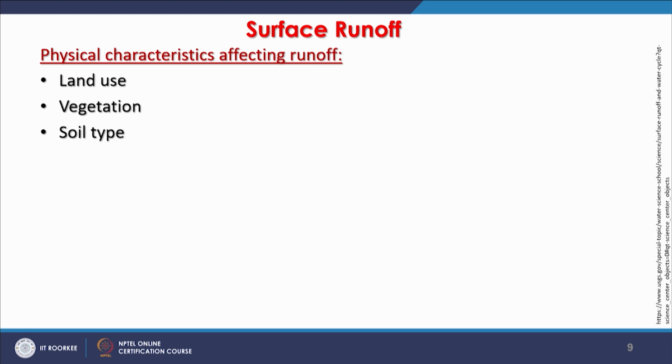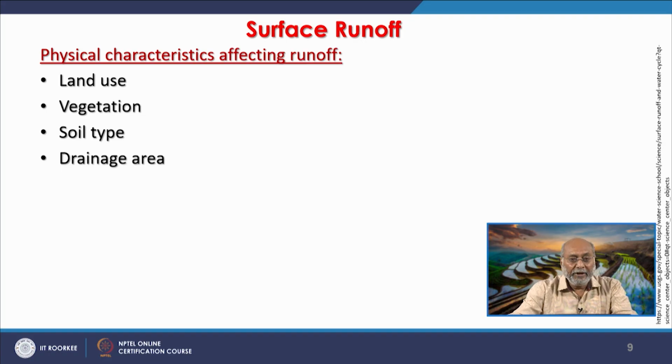If it is clayey soil, there are chances of more surface runoff, but if it is sandy or loamy soil, it will have less surface runoff. Drainage area, the shape of the drainage, what kind of rocks, and what kind of land cover and land use there is also influence it. Basin shape also influences surface runoff.